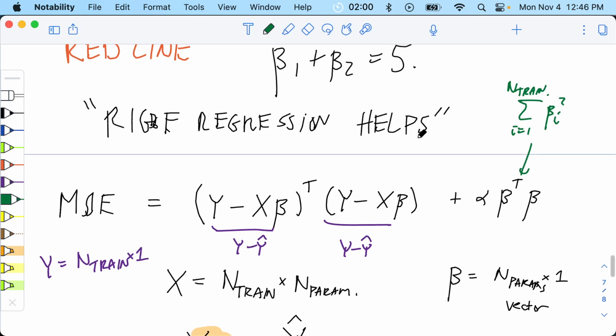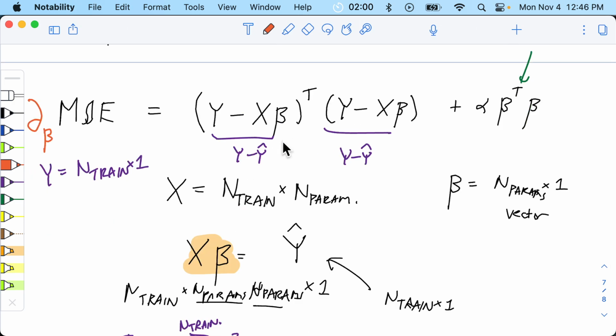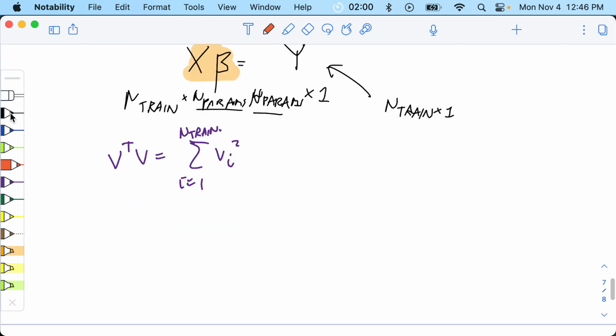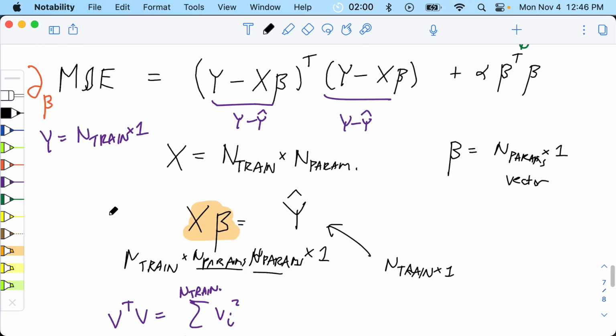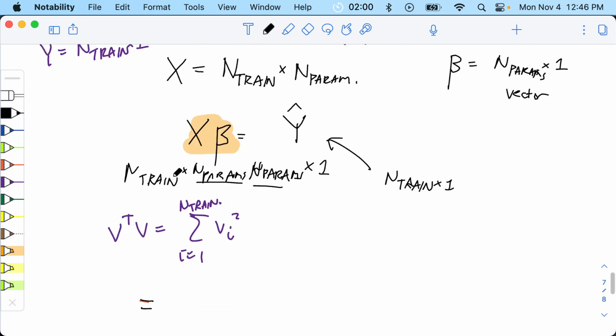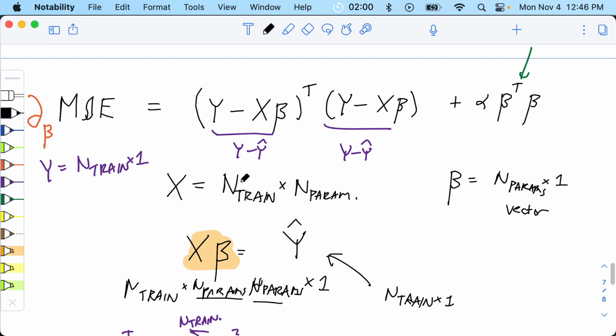And now I'm going to do the derivative of this with respect to beta. Before I do the derivative with respect to beta, why don't I expand this guy out? This is a big thing. If you expand it out, you should get 4 terms. You get y transpose times y.